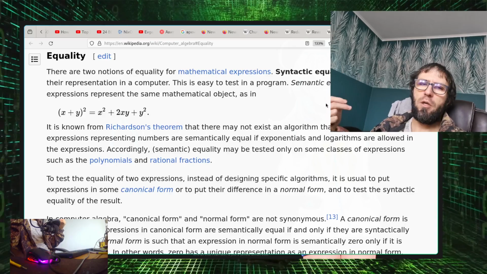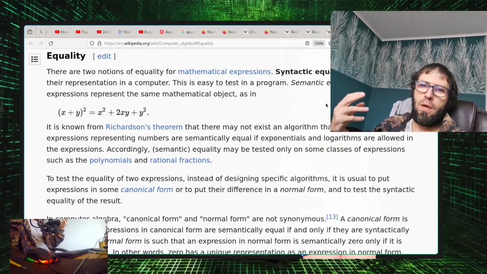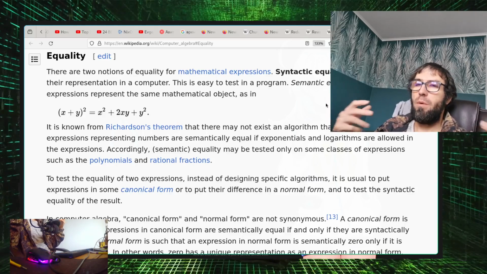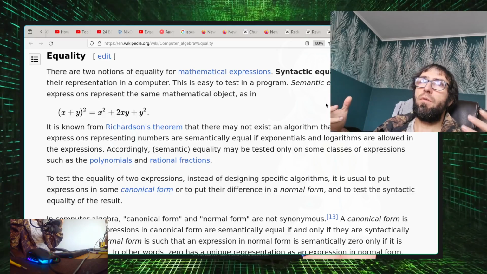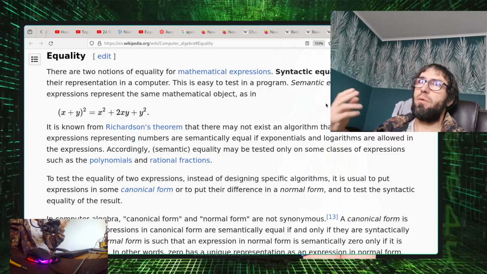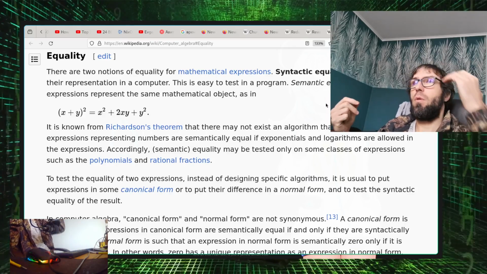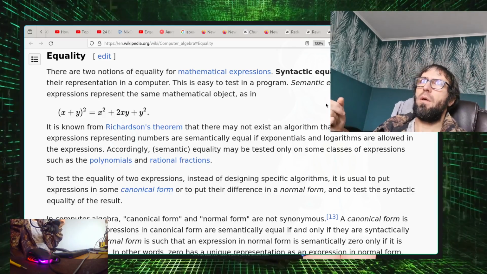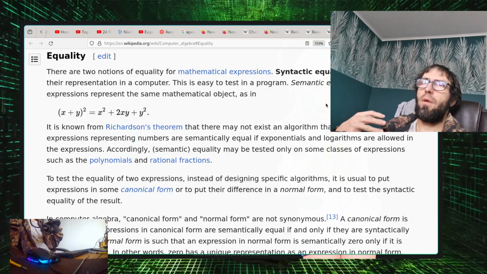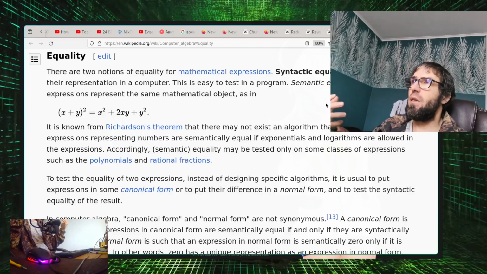Here we actually have one and the same object, and it can be represented in different representations. In terms of syntactic equality, these will be different objects. But of course, in terms of semantic equality, this will be the same object, because these two expressions represent the same mathematical object.